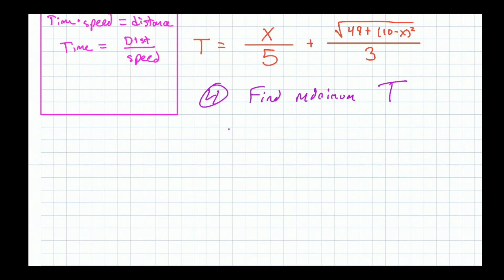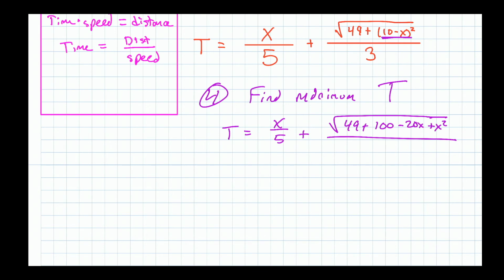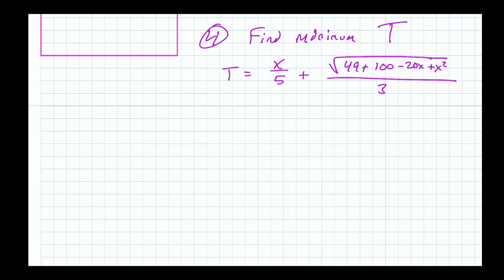So we have t equals x over 5 plus, we need to work out what's in that radical there. 49 plus, and then we need to multiply this out. It's going to be 100 minus 20x plus x squared, all over 3, which is x over 5 plus, what do we have? 100 plus 49 is 149.